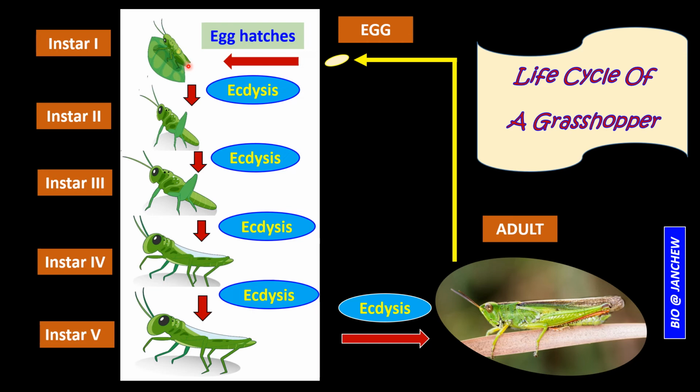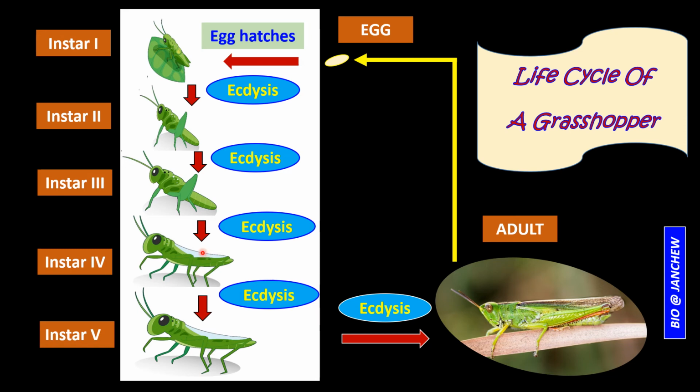So for growth to occur, it has to shed the old exoskeleton, and then the second instar will be produced, which is a bit larger than the first one. So consequently, ecdysis occurs to produce bigger and bigger grasshoppers.